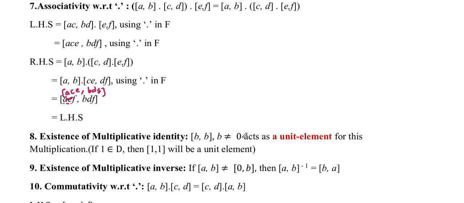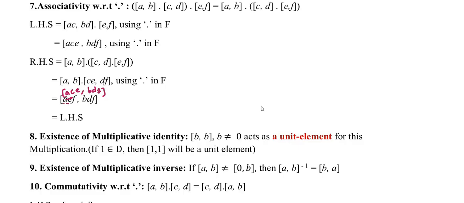Then existence of multiplicative identity. When you have B to be a non-zero element present in D, then BB will act as the unit element; suppose C is non-zero, CC will act as the class CC, and A non-zero, AA will act as the unit element. Again the same explanation. How can you say that there are too many unit elements in a field F?